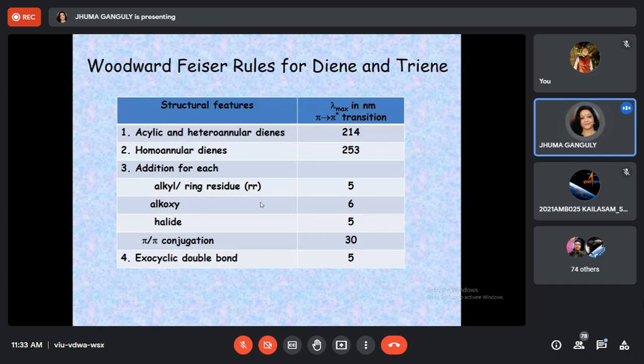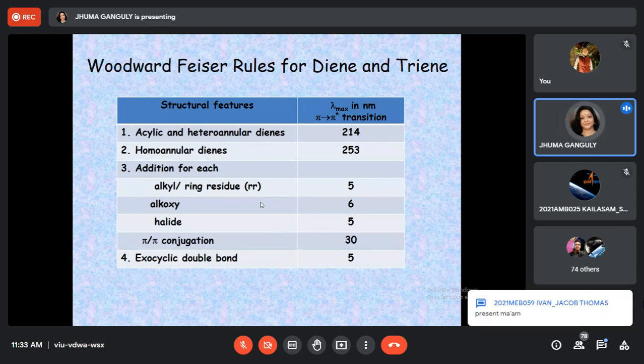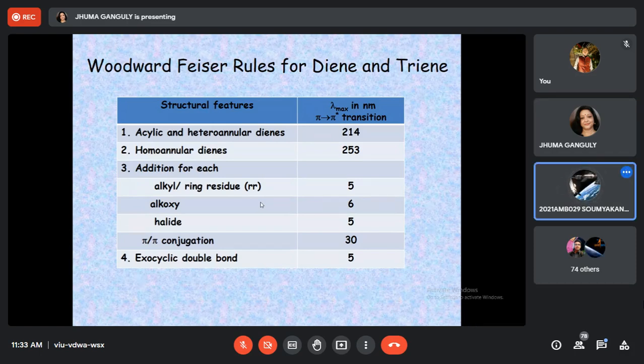Okay, what is terpene? Where can we get it? Terpene, in one word, what do you say? Ma'am, it's collected from the 5 carbon compound isoprene.